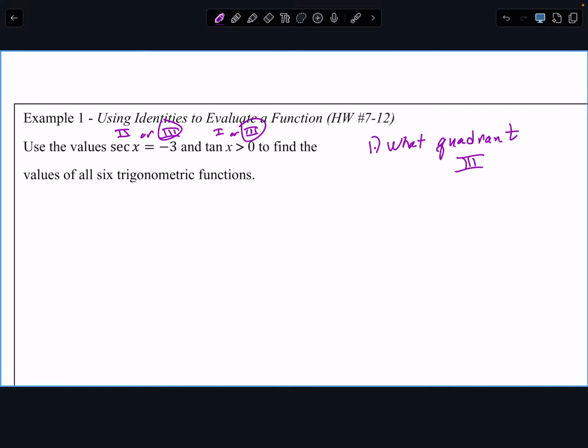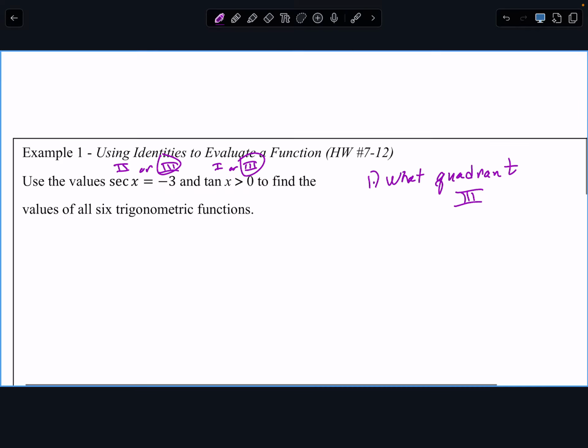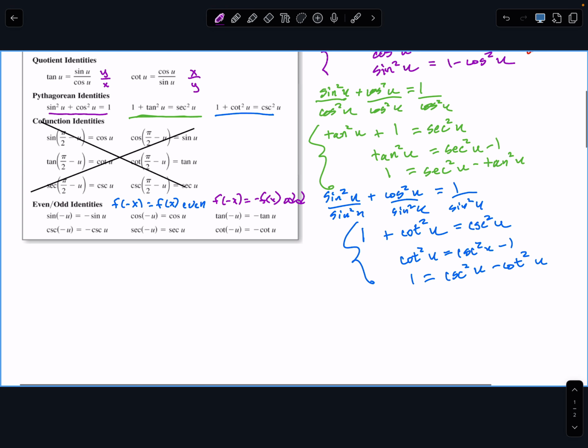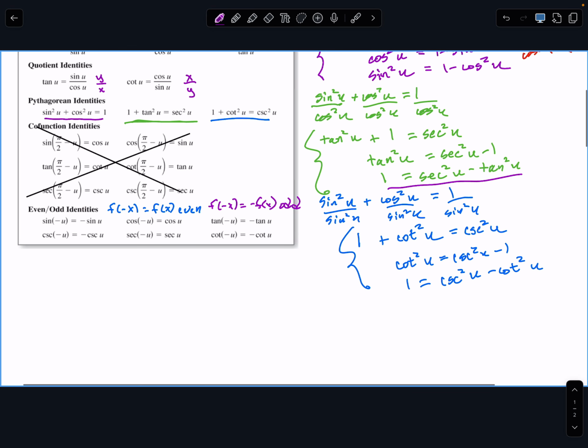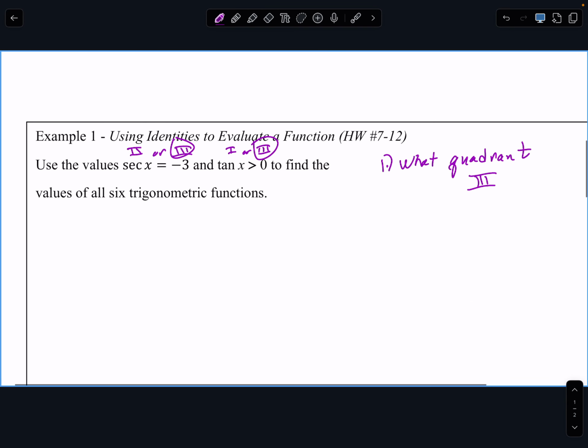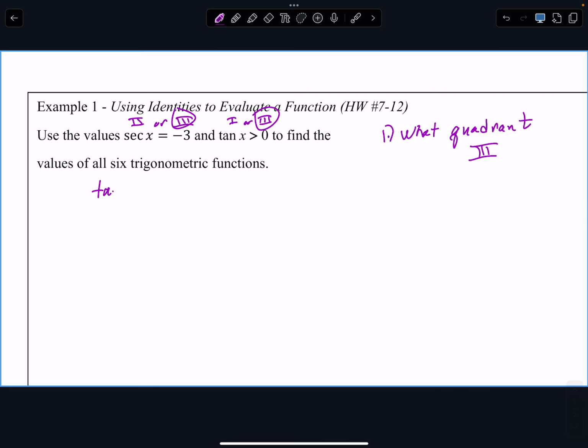And the textbook is going to go back to the trig identity with secant squared and tangent squared, and it doesn't really matter which one we use. And it's going to do this: tangent squared u plus 1 is secant squared u.